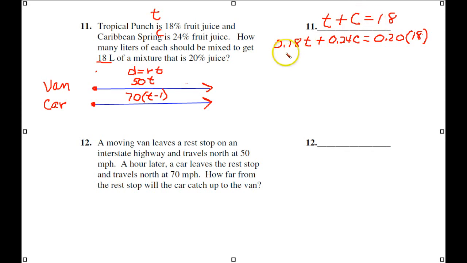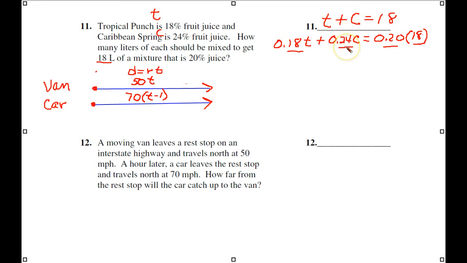So what's the mixture of tropical? 18%. C, 24%. And the mixture you want to get? 20% of 18. And there are your 2 equations. Get rid of the decimals, solve for one of the letters. I think substitution would be very good.